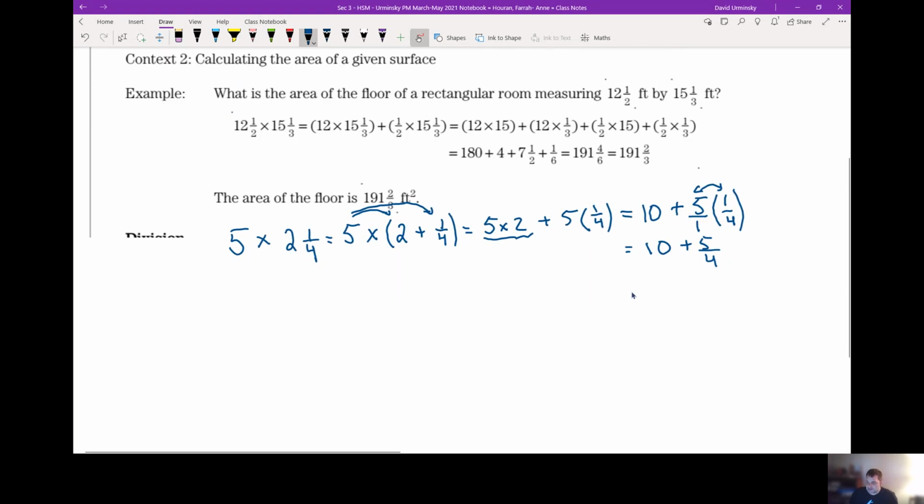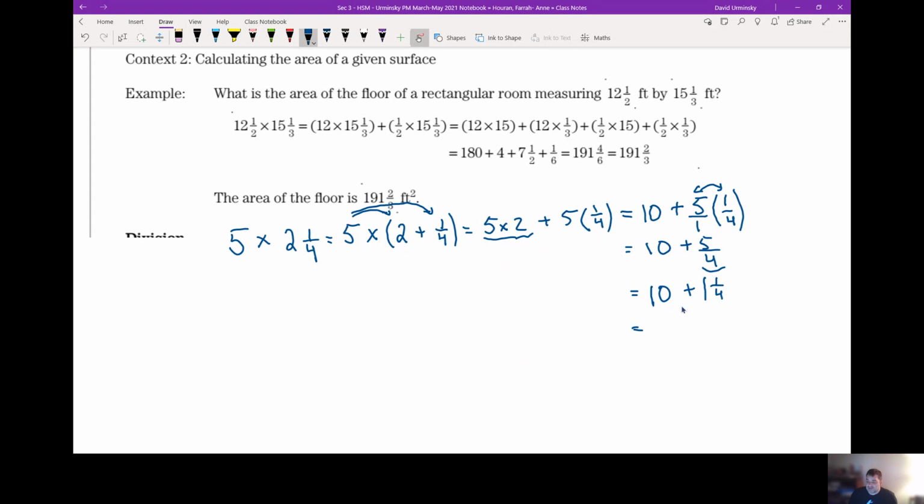So the next thing to do is to write 5/4 as a mixed fraction or mixed number. So 4 goes into 5 one time, and what's left over is a quarter. So we have 1 and a quarter.